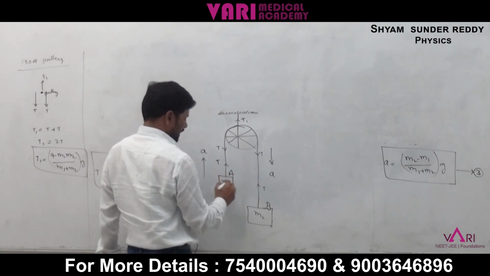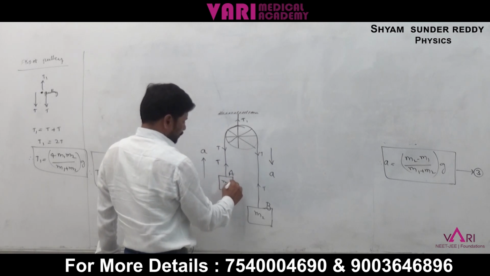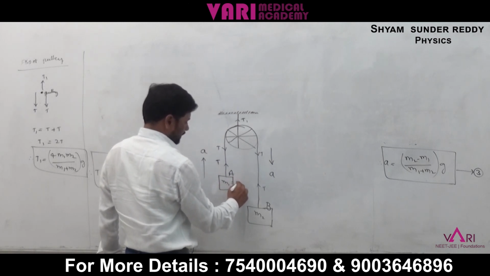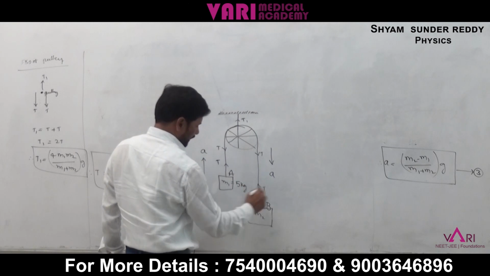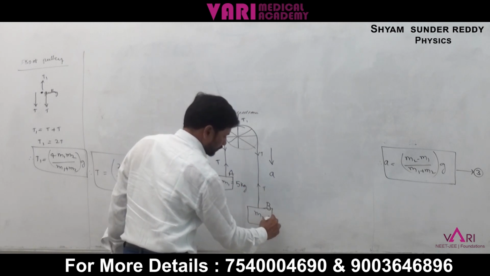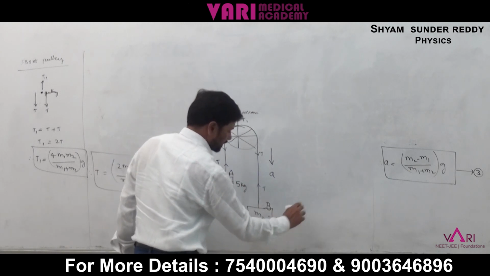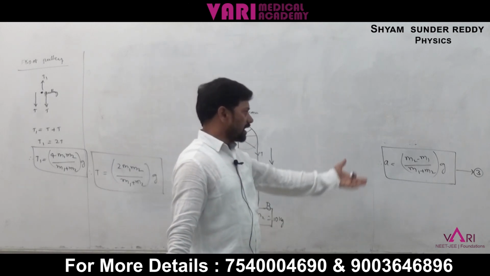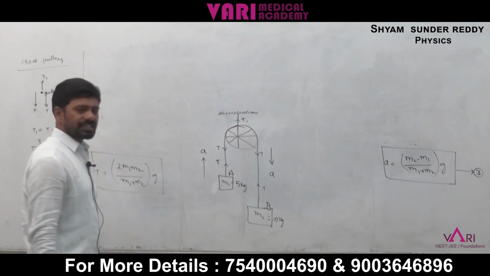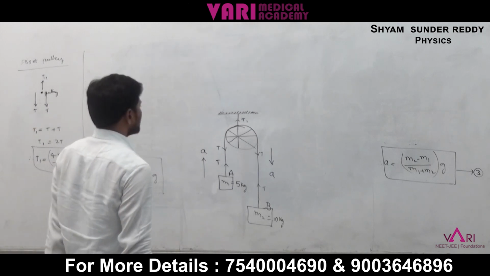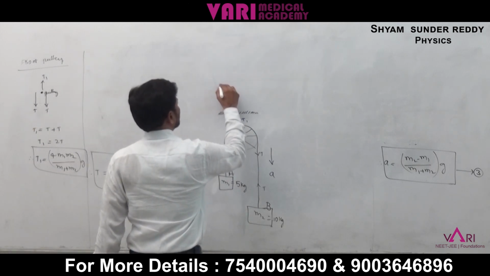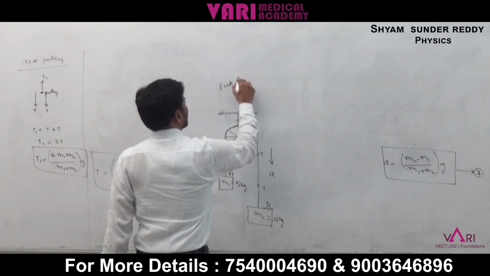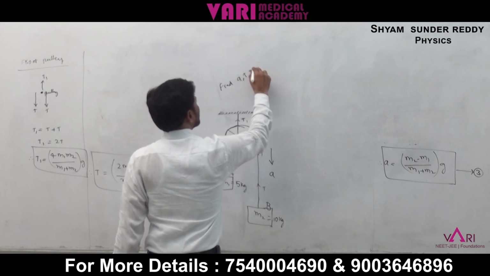Take m1 is equal to 5 kgs and m2 is equal to 10 kgs. Then what is the acceleration, what is the tension T, and what is the tension T1? Simple. Find a, T and T1.